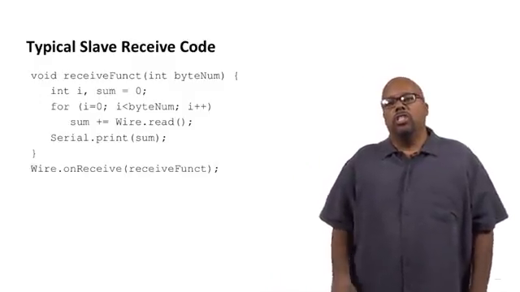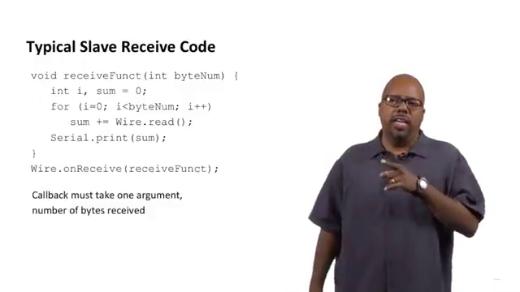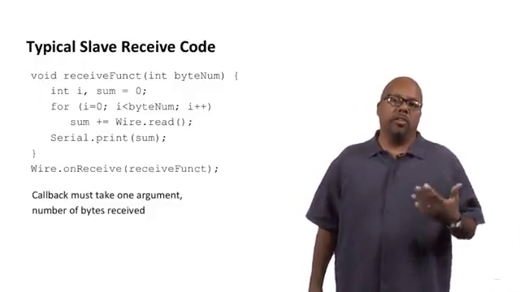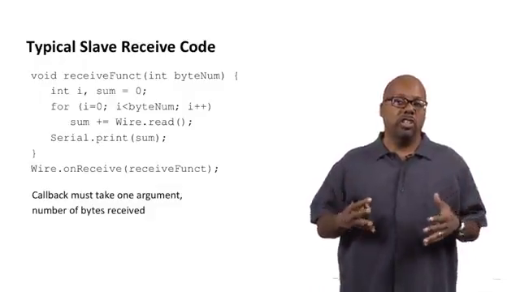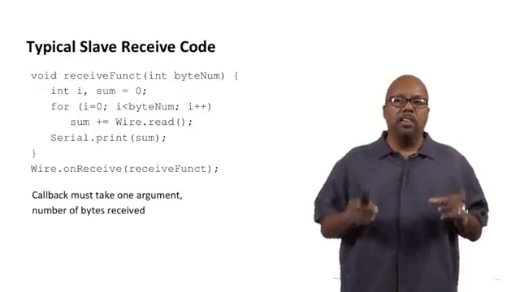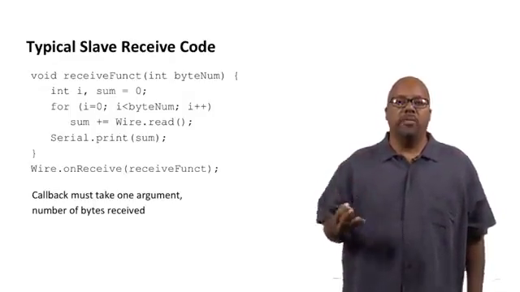Note that this receive funct takes one argument, an int byte num. That argument is an integer, the number of bytes that are received. So when you write this function, it can have whatever name you want, but it has to take one argument, which is the number of data bytes that have been received.